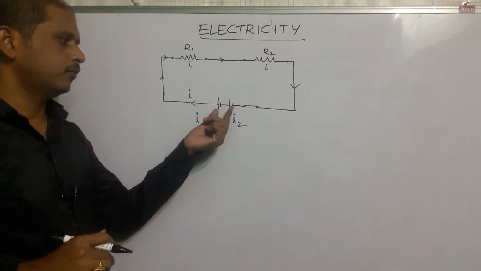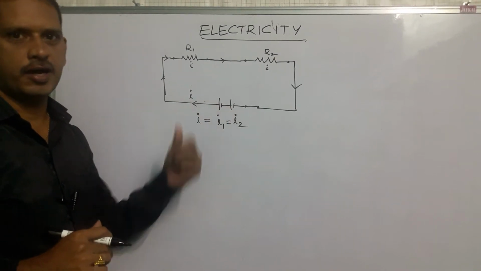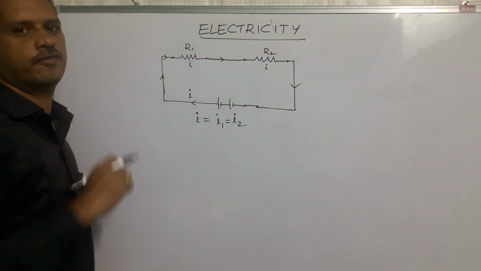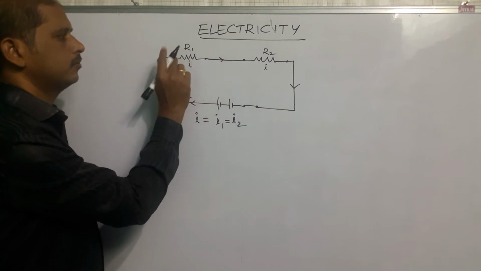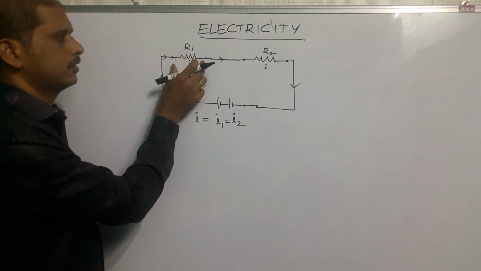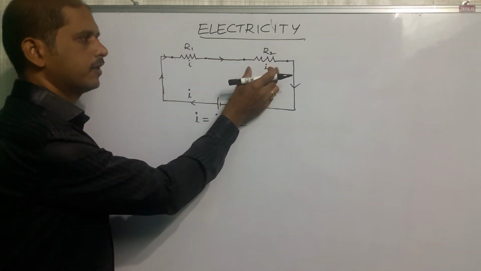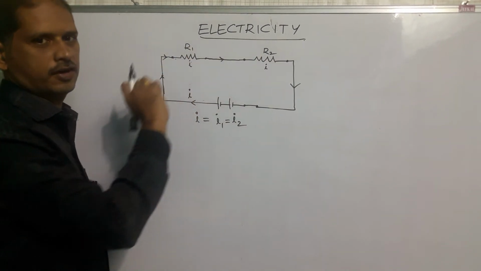But here we are creating a potential difference by using the battery. So the potential difference across each resistor is different. Why? Because each resistor has two electrodes, and the potential difference across them may be different because the resistors are different.